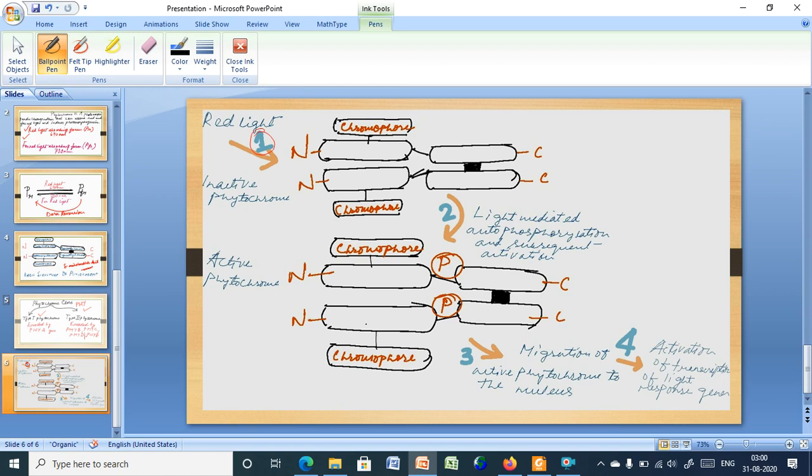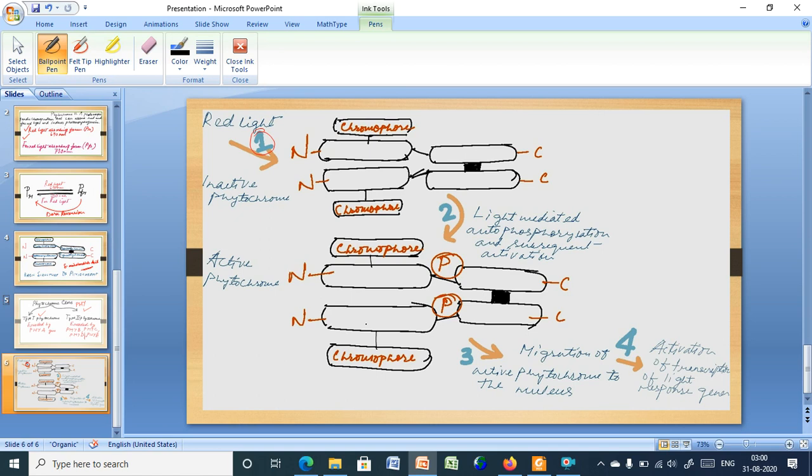And finally, these activated phytochromes are very much involved with various physiological functions like flowering, development of the chloroplast, leaf senescence, leaf abscission, seed germination, etc.